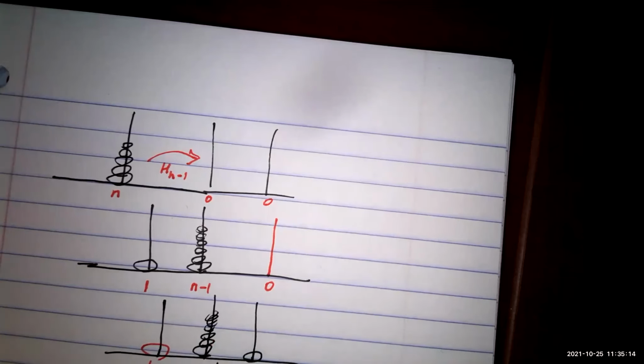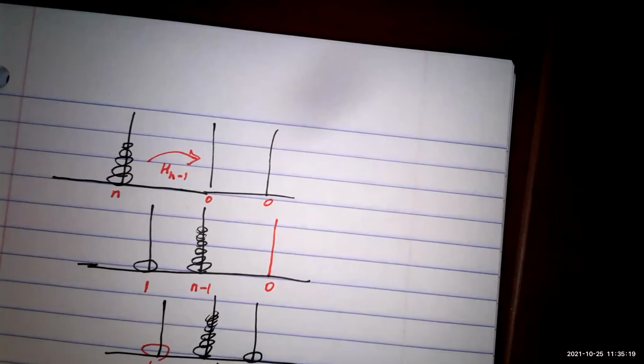So when you move them to the other side, the result is going to be this one, and this is n-1. And then you do the same procedure with hn-1. So you get it here, which is going to be n.